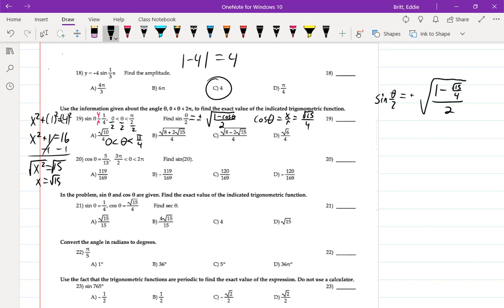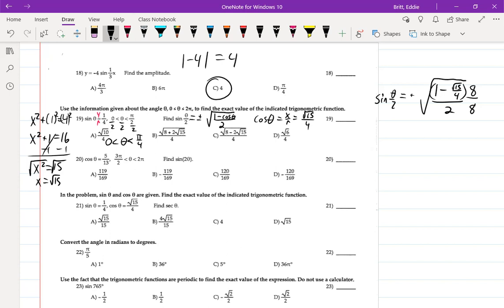Now, I need to rationalize this. Remember, I want to multiply the numerator and denominator by a number that would get rid of the 4 and make the denominator something that I can take the square root of. That number is going to be 8. 8 will get rid of the 4 because 8 divided by 4 is 2. And the bottom would become the square root of 16. And we can take the square root of 16.